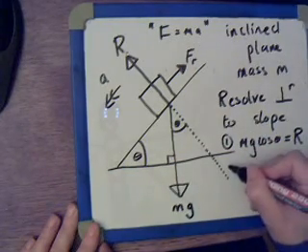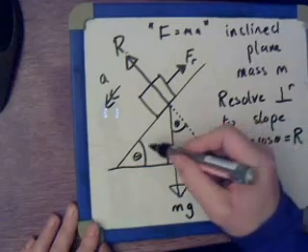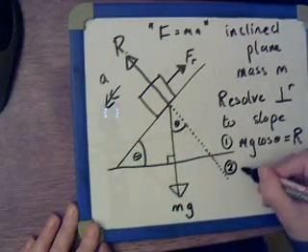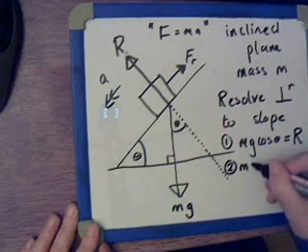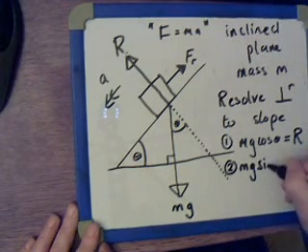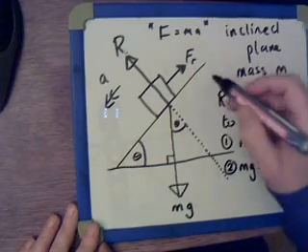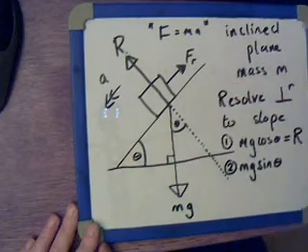So the second equation will be mg sine theta in that direction, that component, minus Fr. So we have mg sine of theta minus friction is equal to mass times acceleration.